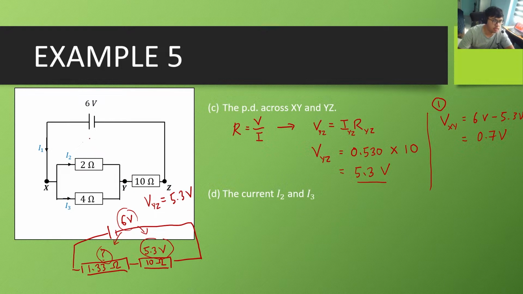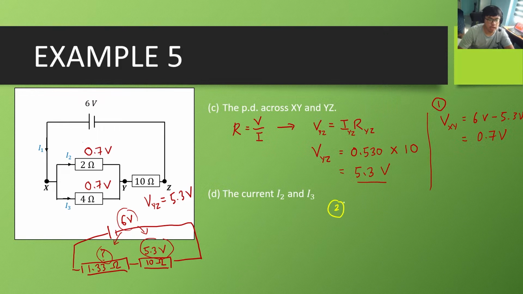Okay, so that means because these two are parallel with each other, and you have to remember your parallel circuit rule for voltage, they have the same voltage. So this is 0.7, this is also 0.7 because they are parallel. But between X and Y and Z, okay?